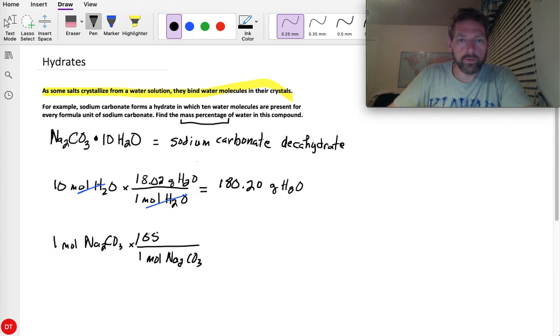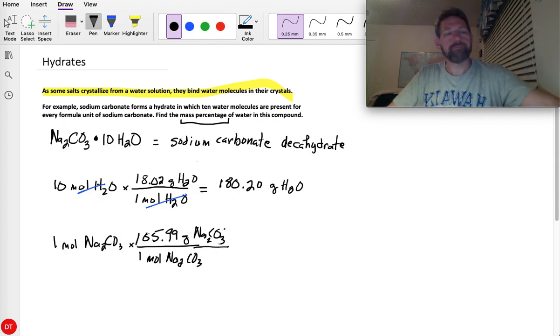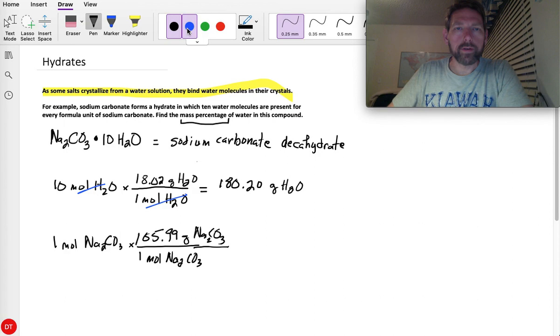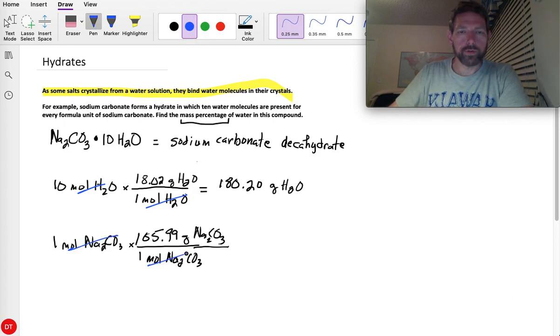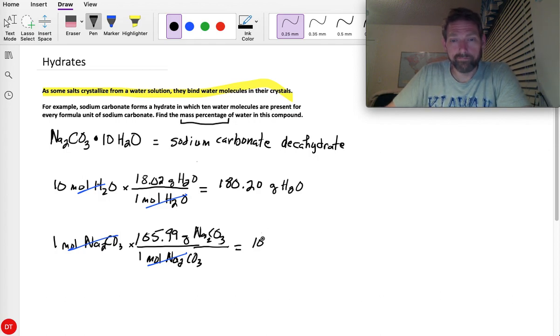So that's 105.99 grams of sodium carbonate. All right. It's all about getting rid of those units. So essentially it's 1 times 105.99 divided by 1. So essentially you've got 105.99 grams of sodium carbonate, right?